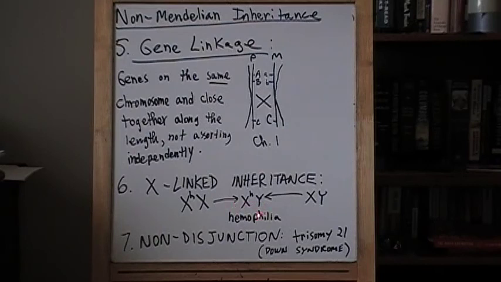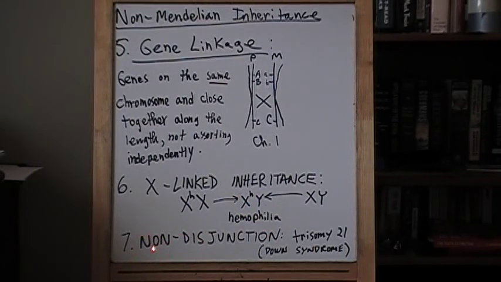Hemophilia is an example of that. In the old times, before modern medicine, people actually bled to death from minor cuts because they simply didn't have the necessary clotting factors. Today we can supply the missing clotting factor because we can clone genes and express them and provide that. But this used to be a very serious condition.